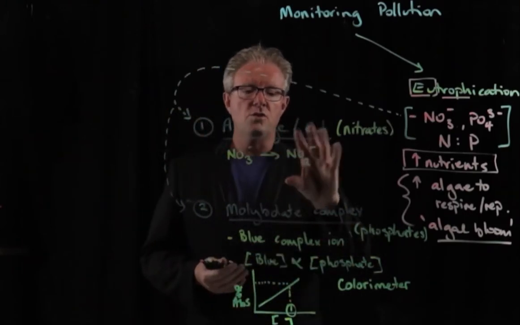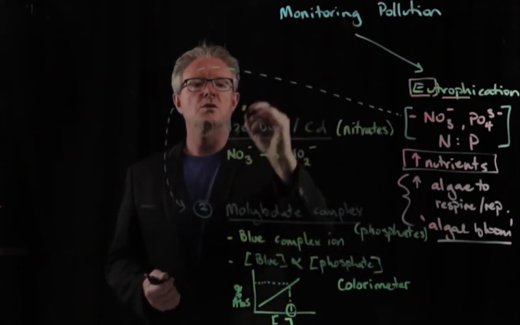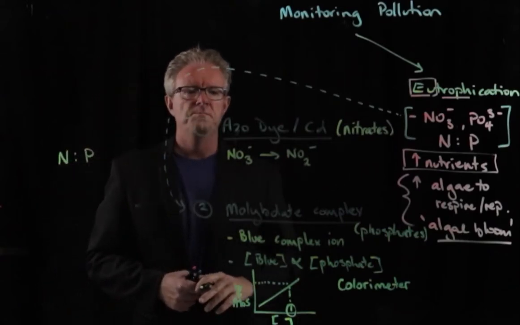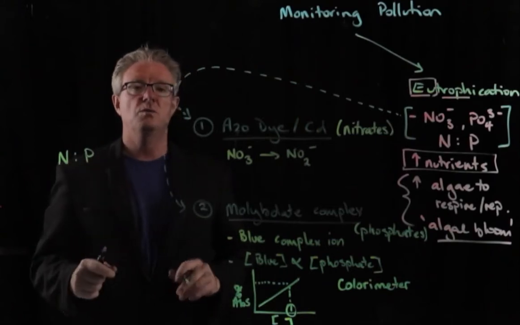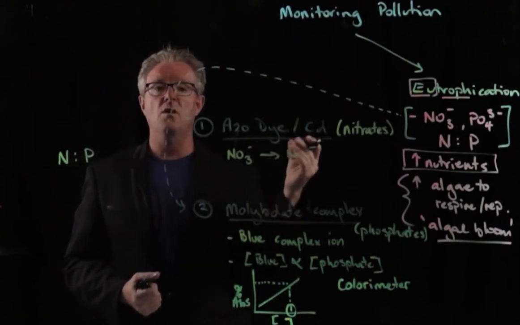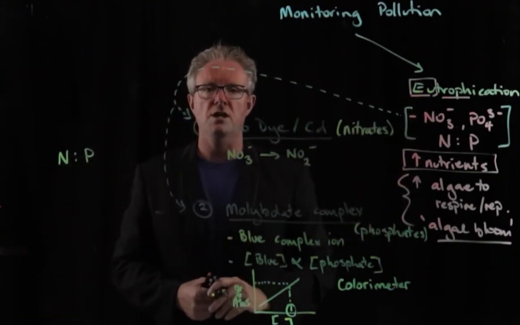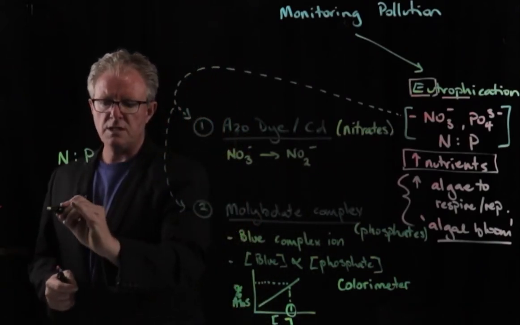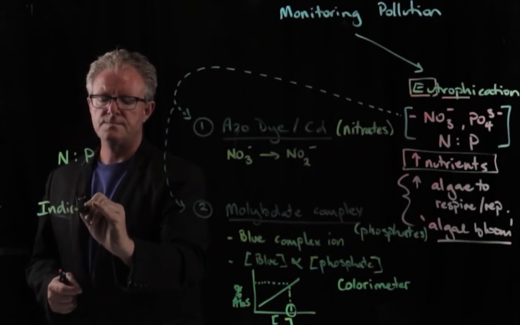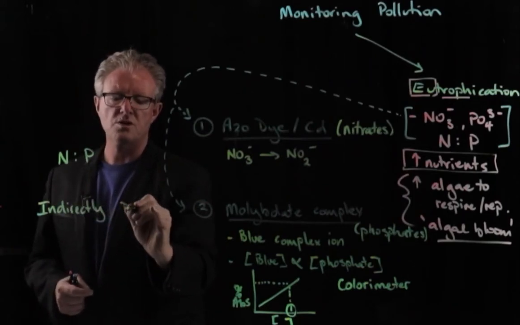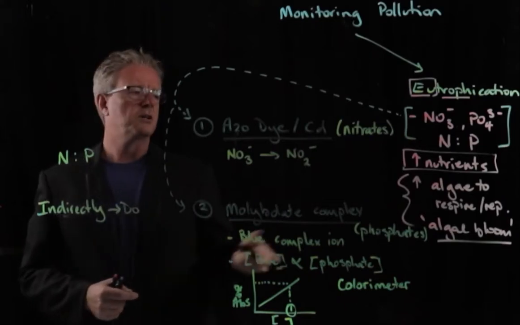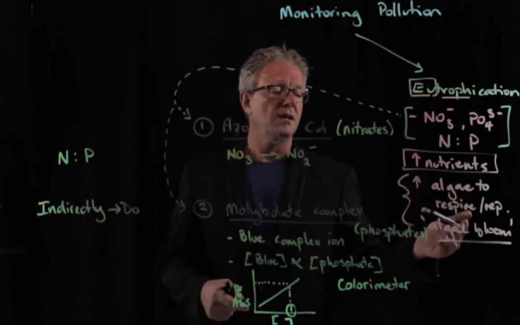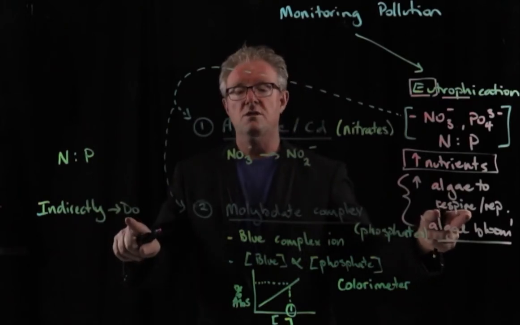We need to do that because by doing these two methods we produce what's called a nitrogen to phosphate ratio. That nitrogen to phosphate ratio will give us an indication of the quality of the water body in terms of eutrophication. We can also measure it indirectly with dissolved oxygen measurements, because if algae is increasing in concentration and number, it's going to be respiring and using a lot of dissolved oxygen.